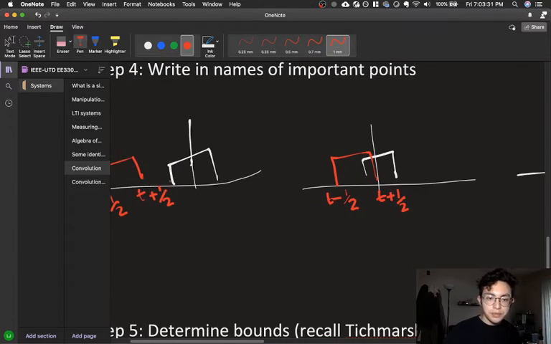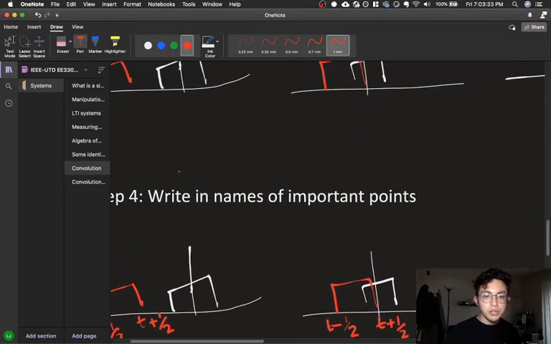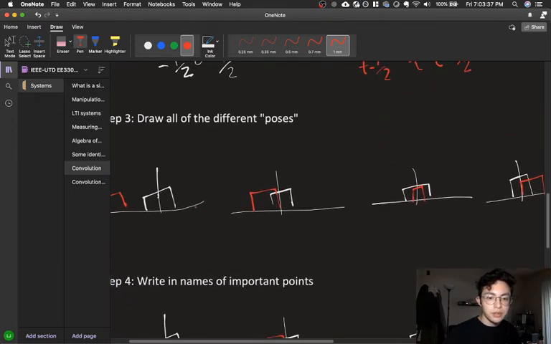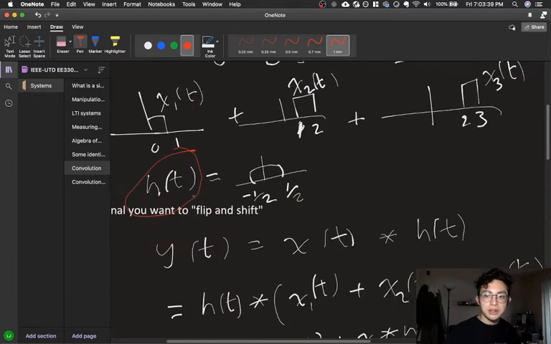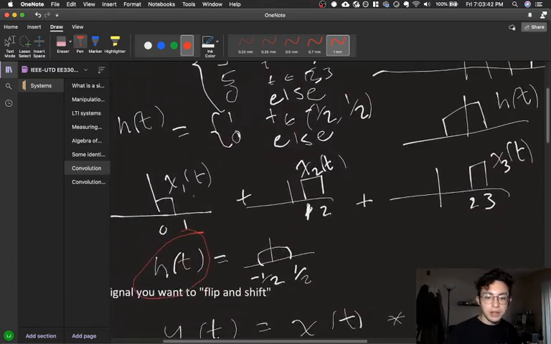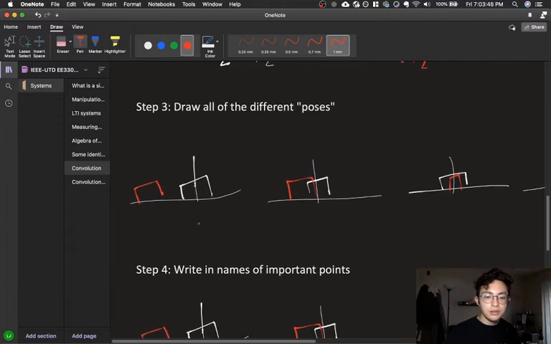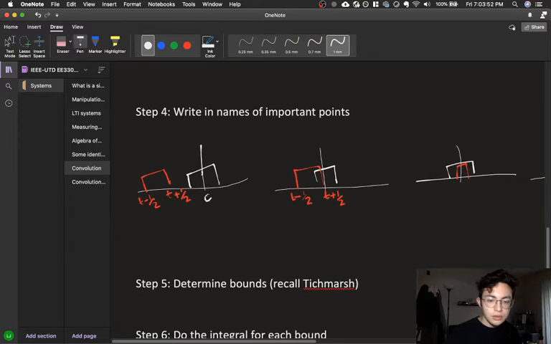And we're going to be sure to write in the bounds for the signal that we're keeping static. I'm just going to take one of these, say x1. So let's call this 0 and 1.